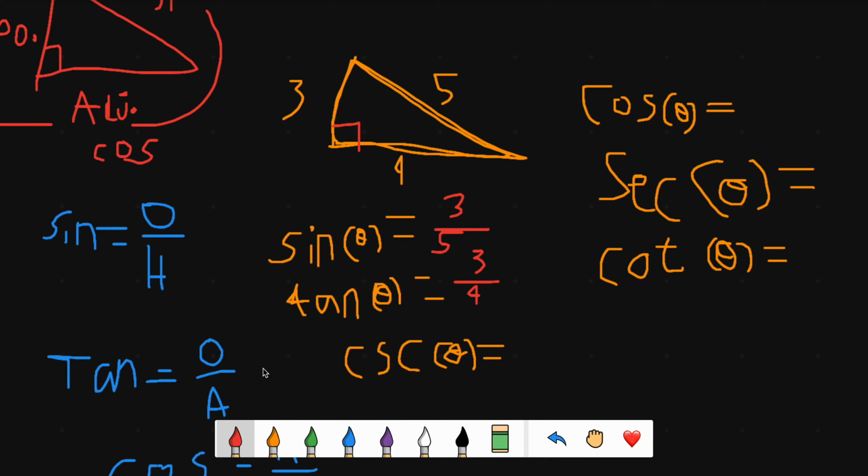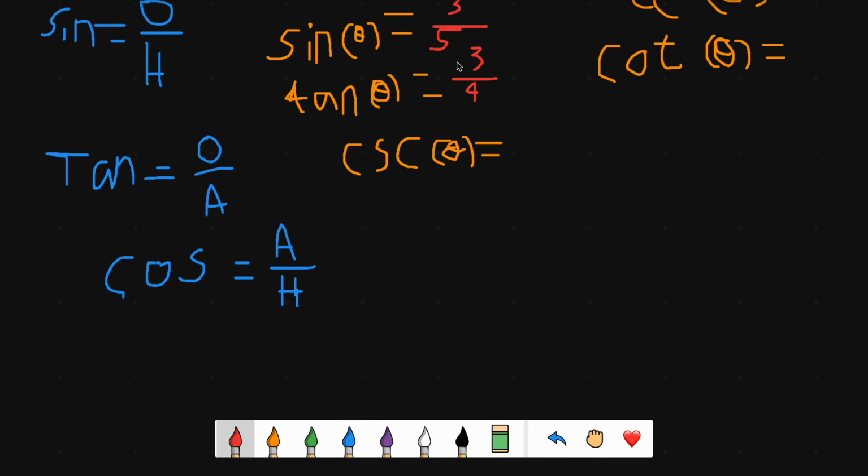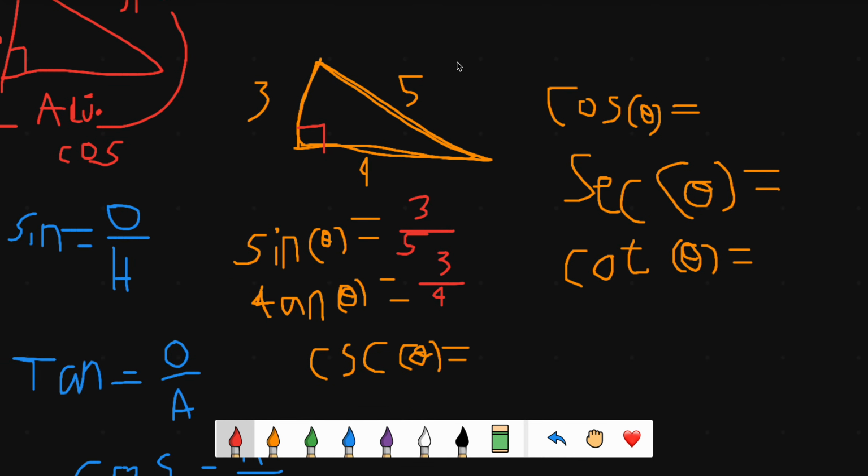Now let's do cosine. We can do secant, cotangent, and cosecant after cosine. Cosine is the adjacent over the hypotenuse. 4 is the adjacent, the horizontal, and the hypotenuse is 5, the line going down like this.